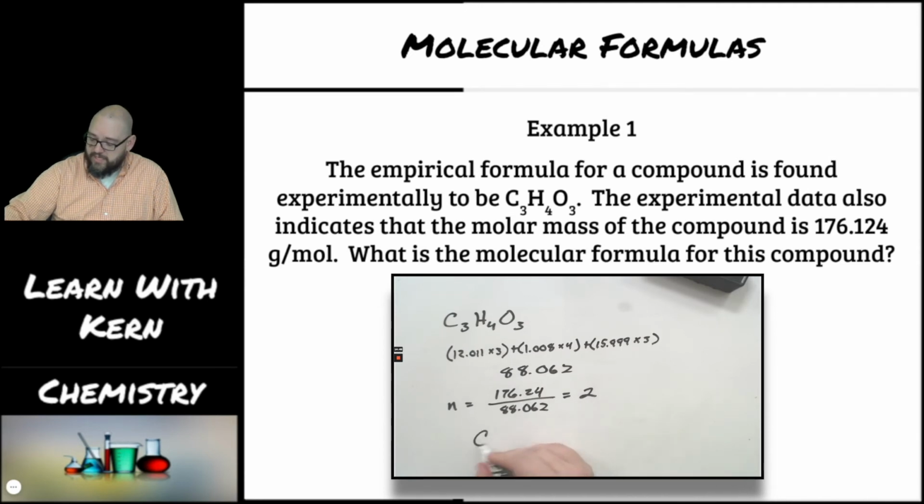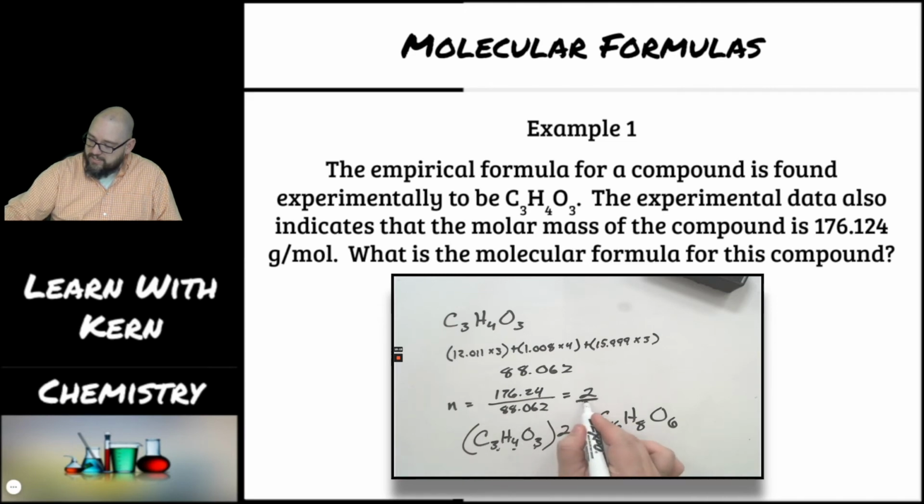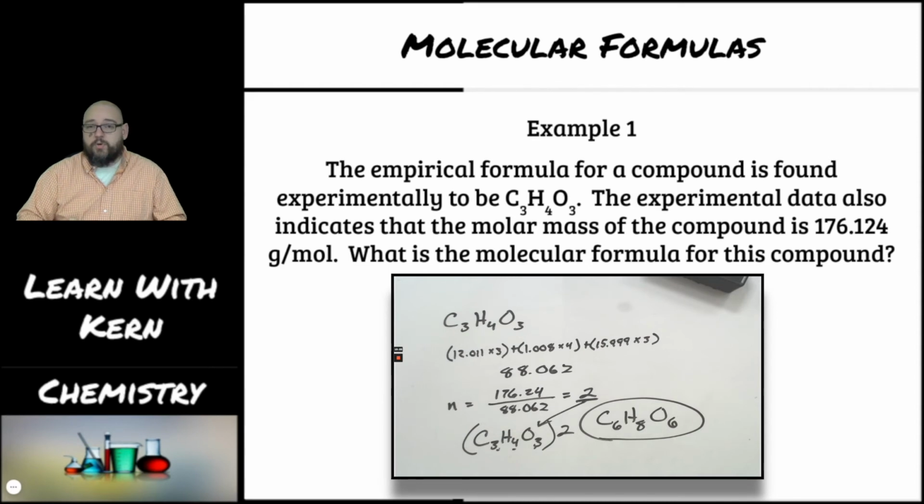So what I'm going to do is take my empirical formula, and I'm going to multiply the entire thing by 2, giving me C6, because 2 times 3 is 6, H8, and O6. So I multiply all of these subscripts by 2. That's what the n does, it tells you what to multiply your subscripts by. So the molecular formula is C6H8O6.